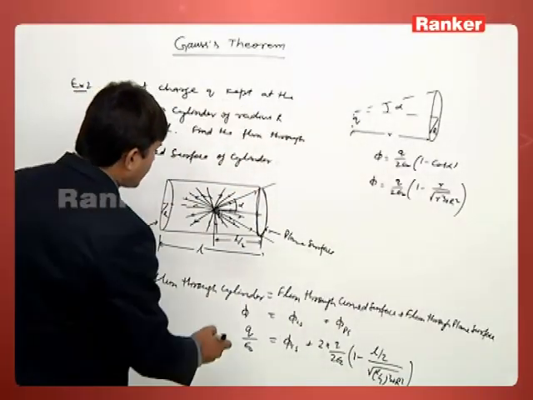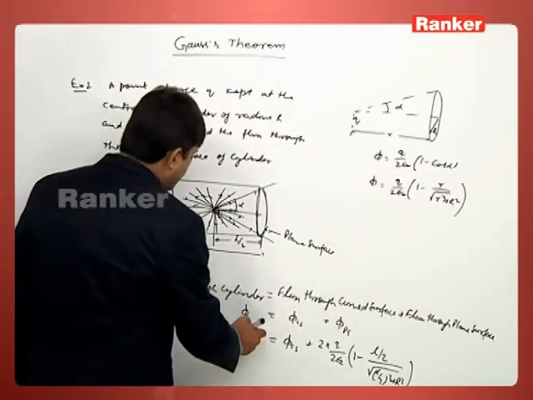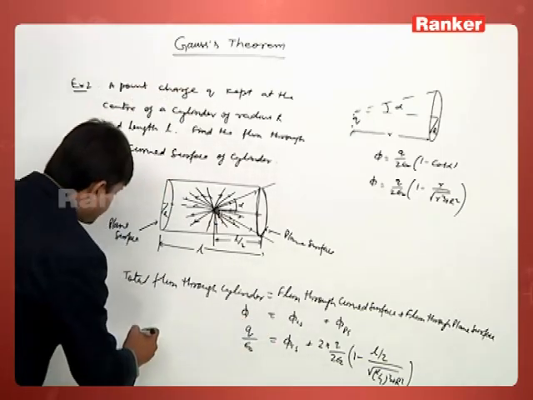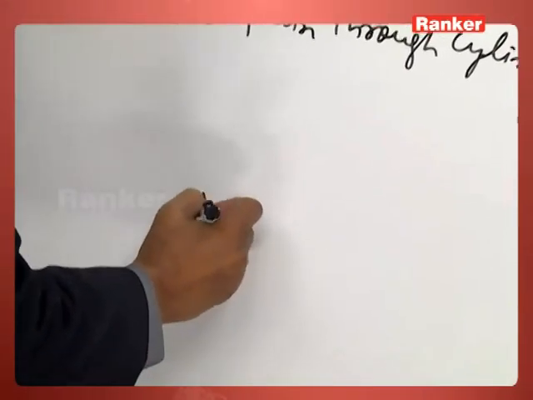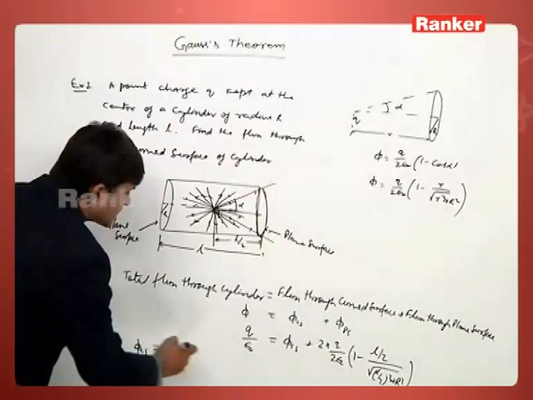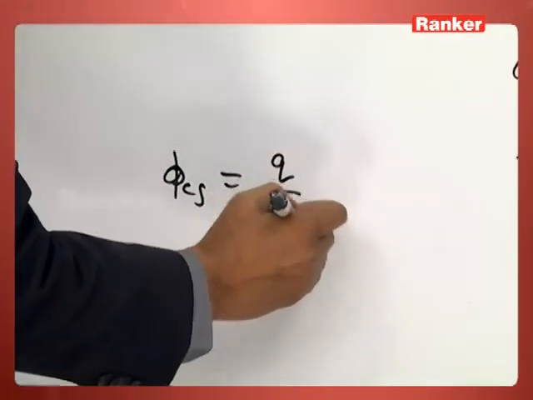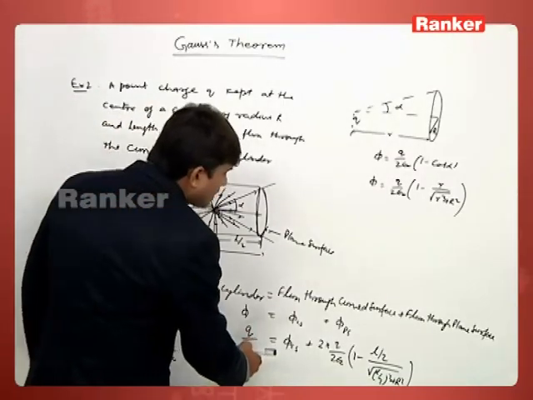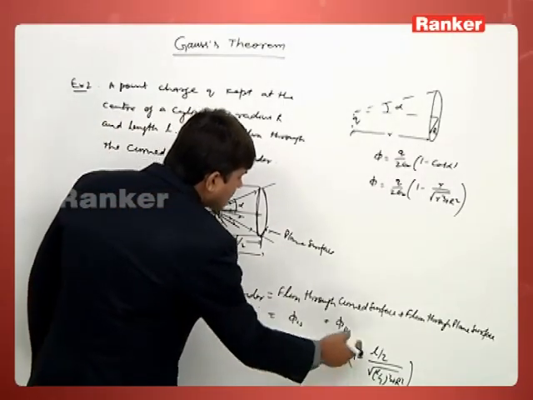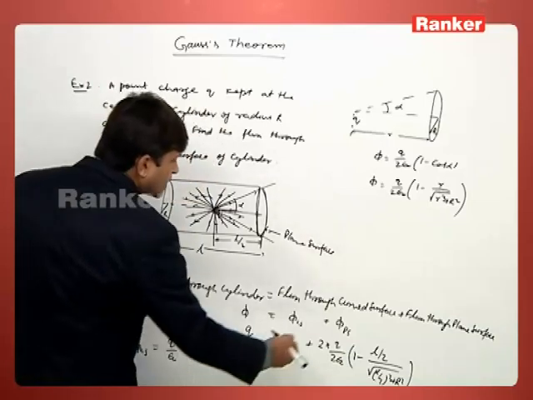So the total flux through the curved surface we can write as Q by epsilon naught minus this, and here Q by epsilon naught will cancel. So what is left here?